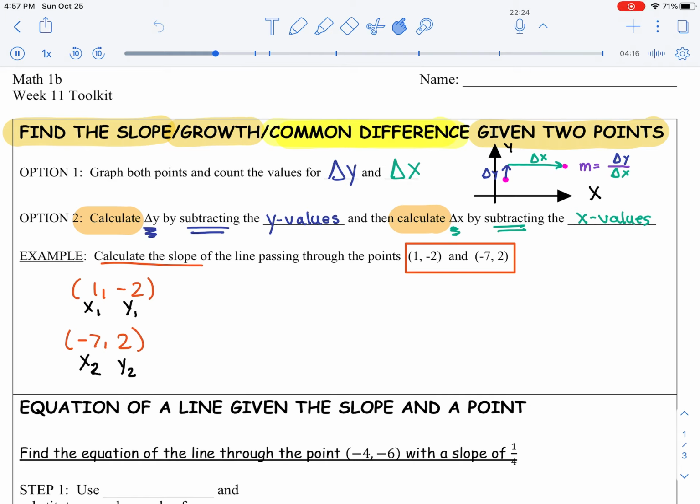But I want to take all of those values and subtract my points. So I want to know what is y1 minus y2 and x1 minus x2. Well, y1 minus y2 is equal to -2 minus 2, which is -4.